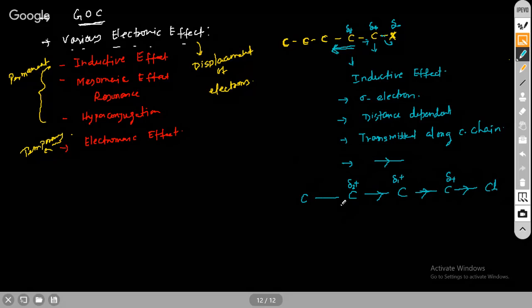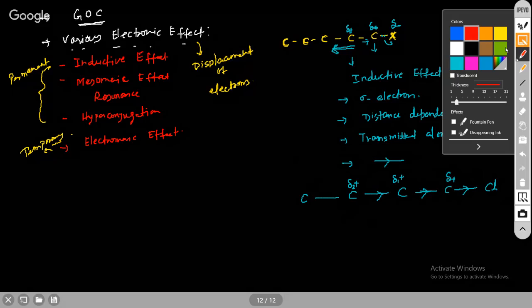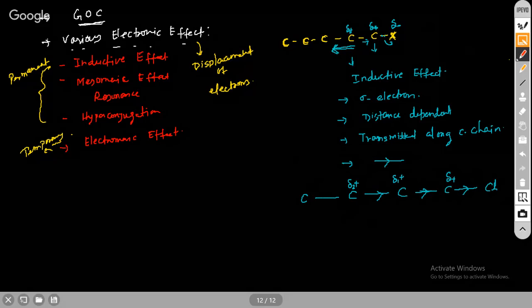Now this I effect, like I said, is by groups that can withdraw electrons from the carbon chain. Halogen atoms are groups which can withdraw electrons from the carbon chain. This kind of group that withdraws electrons from the carbon chain, we call it minus I effect. So basically the I effect is classified into two categories: one is plus I and the other is minus I. Minus I groups are those groups which can withdraw or drag electrons.